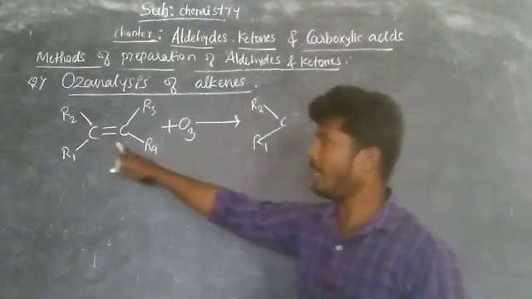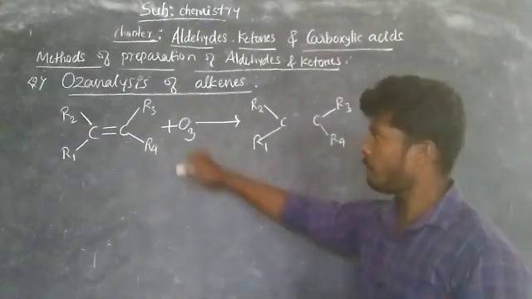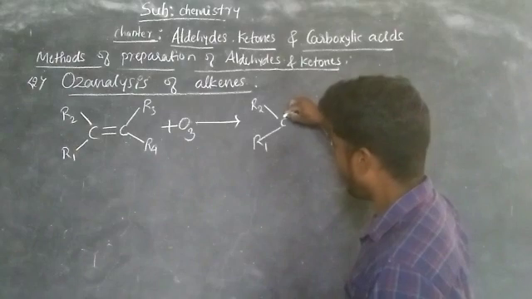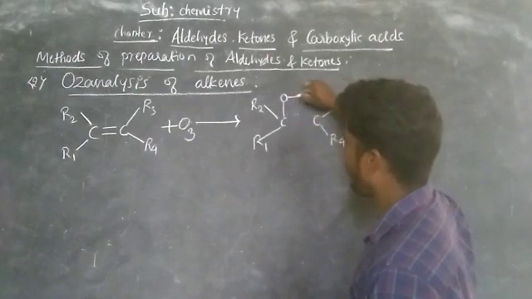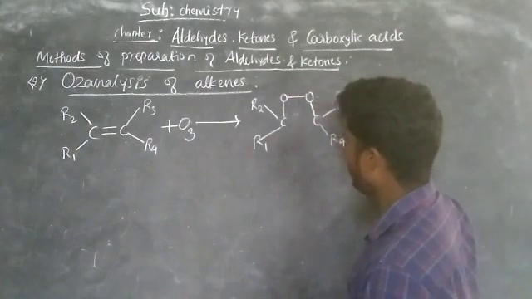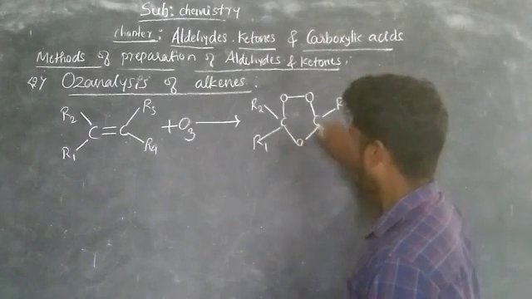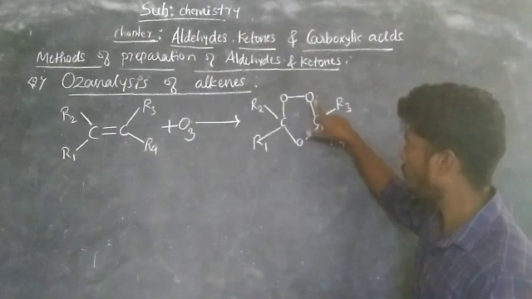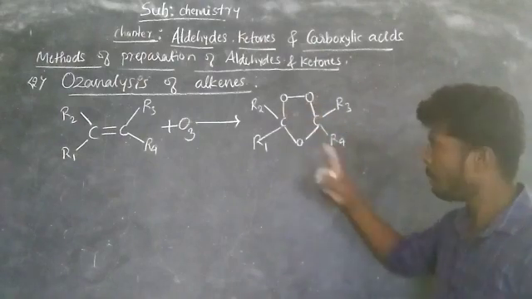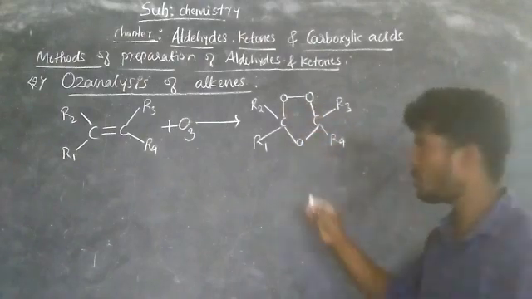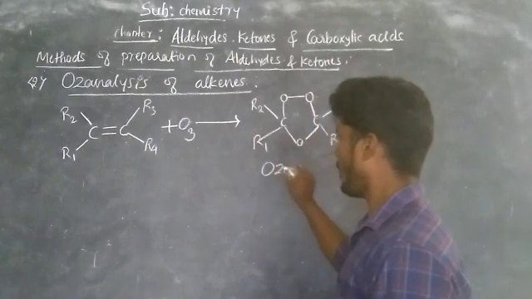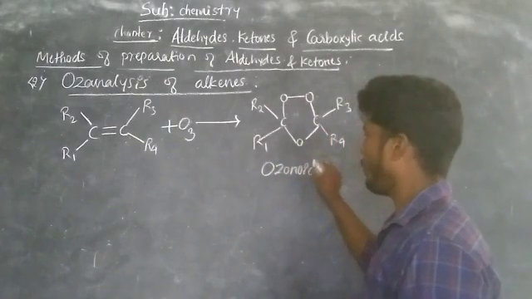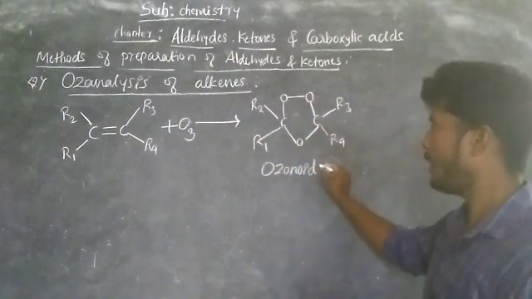Here we are breaking the carbon-carbon double bond. Now these 3 oxygens are written like that: bond O, bond O, bond O. So this is called a 5-membered cyclic ring. See, 1, 2, 3, 4, 5. That 5-membered cyclic ring is called an ozonoid. So remember, this is an intermediate, the ozonoid.